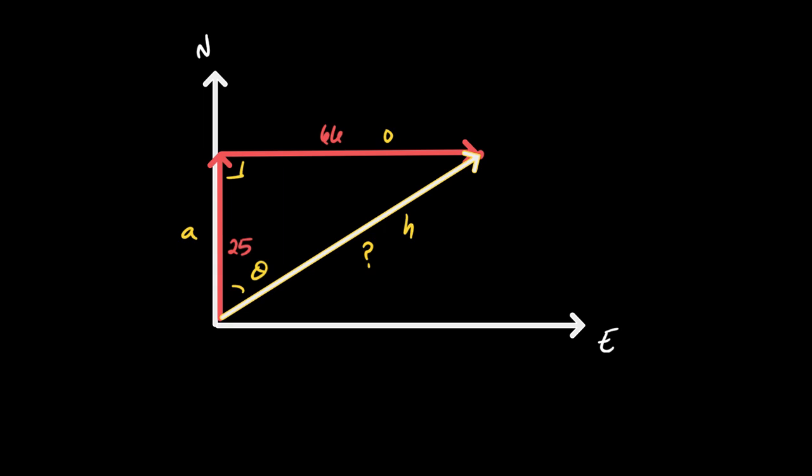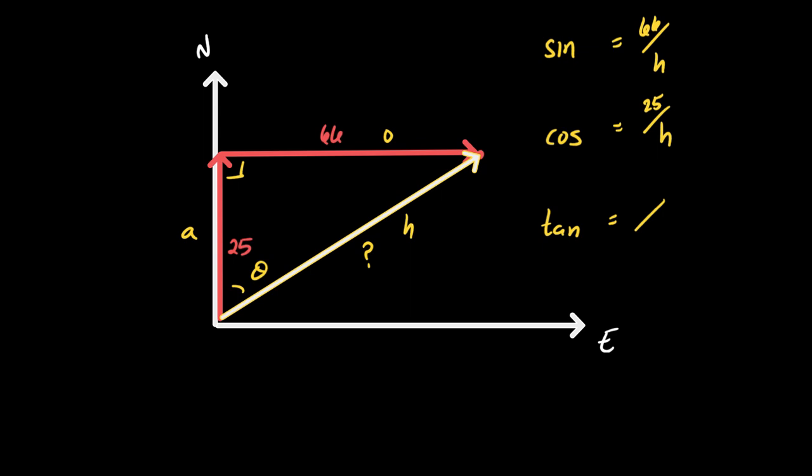Still doing the same set of steps. Then I'm going to write out sine, cosine, and tangent. And then I'm going to put in opposite over hypotenuse, adjacent over hypotenuse, opposite over adjacent. But this time, instead of writing it out and then erasing, I'm going to be a little more proactive. Opposite is 66 over hypotenuse. Adjacent is 25 over hypotenuse.